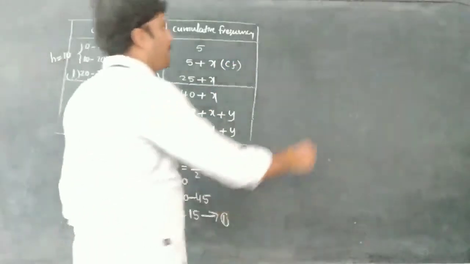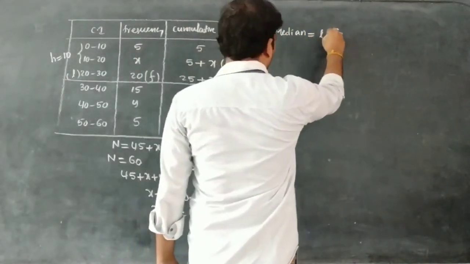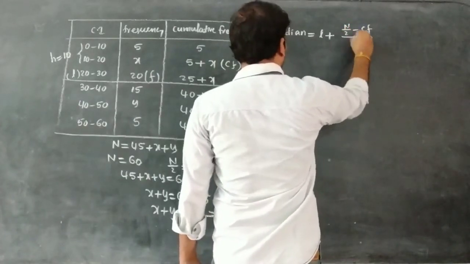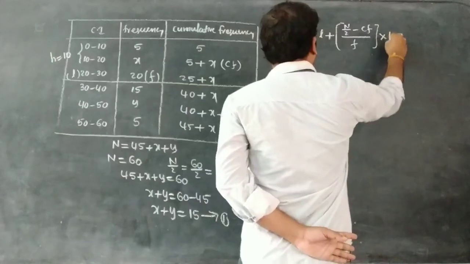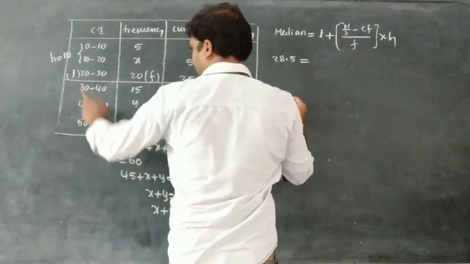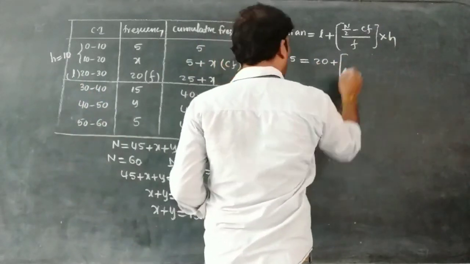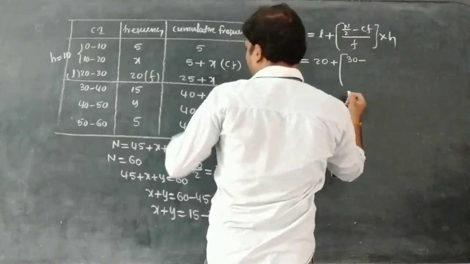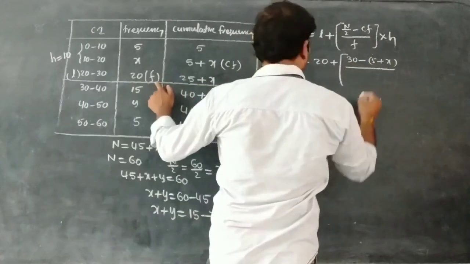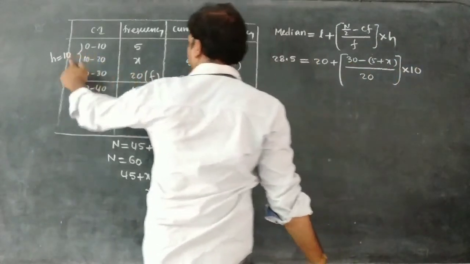So now formula: median is equal to L plus (n by 2 minus CF) by F into H. Median is given as 28.5. L value is 20, plus n by 2. N by 2 is 30, minus CF is 5 plus x. Keep it in brackets. By F value is 20, into H is 10.